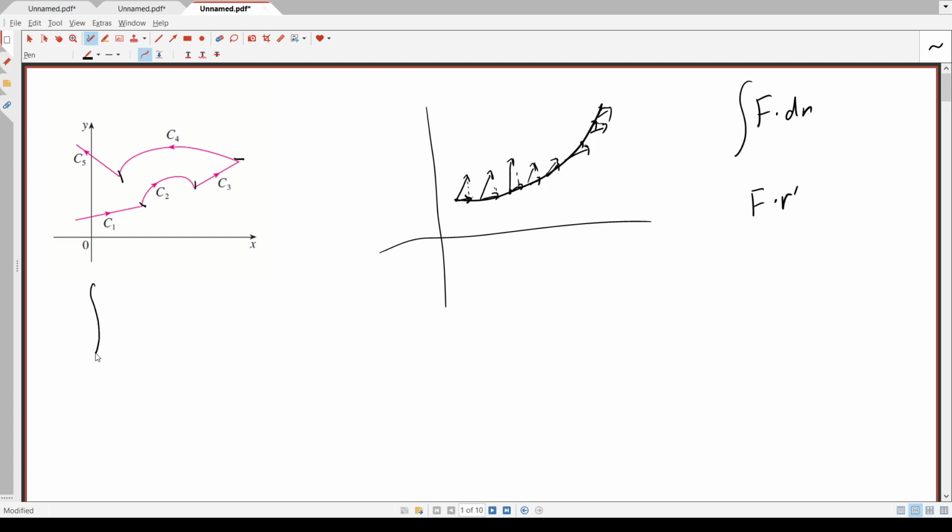So I'd split this up, so the integral over C, the whole curve, would be the integral over C1 plus, and then I do the same thing, but I do C2. I do the same thing for all of them.